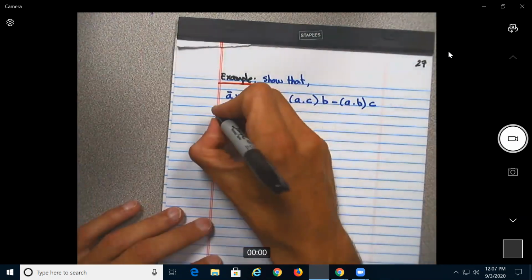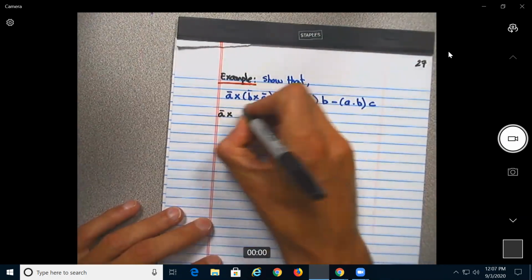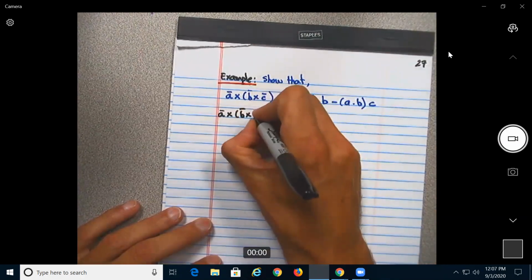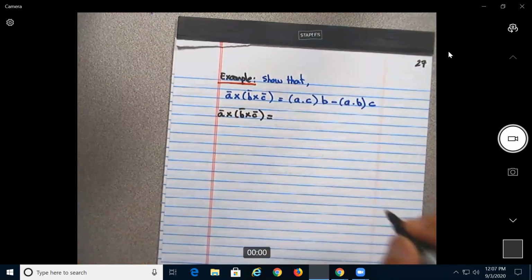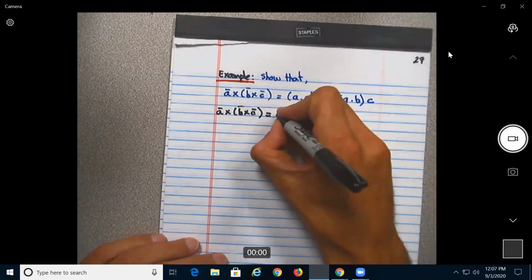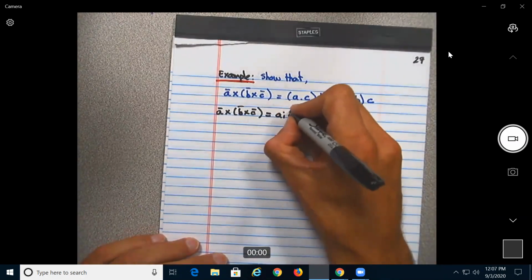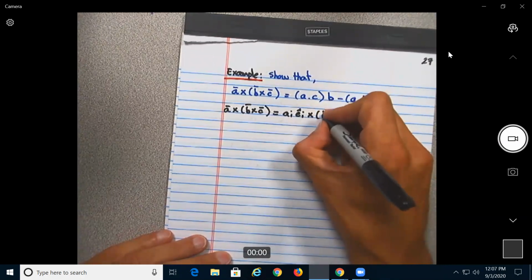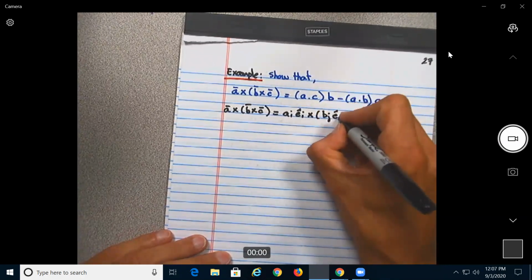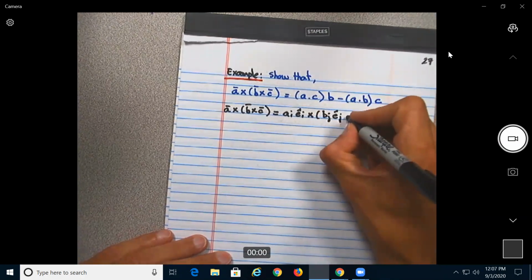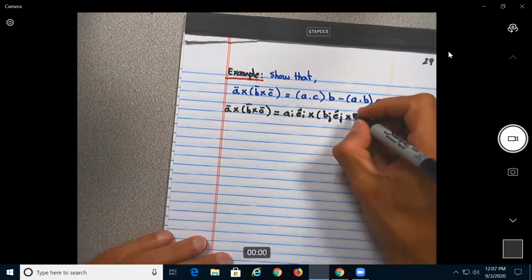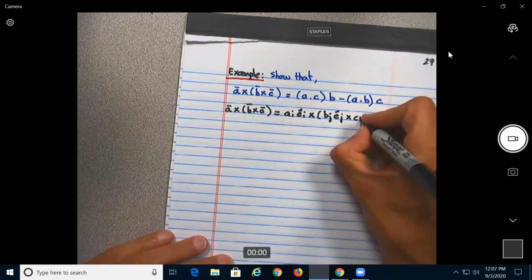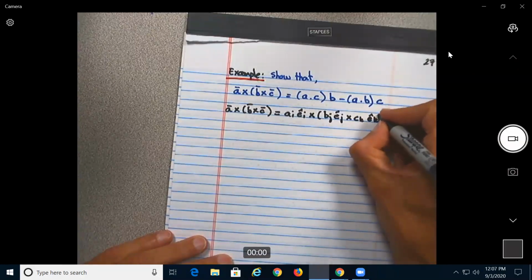So this will give you what? A cross B cross C is equal to what? So this is a vector A_i e_i, cross B_j e_j, cross C_k e_k.